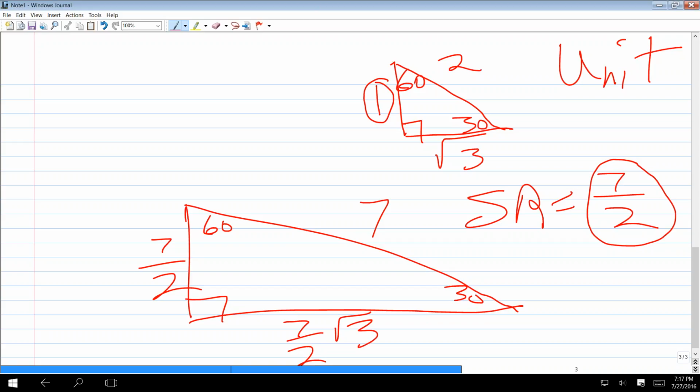That's the answer. So the secret when you're figuring out 30, 60, 90 right triangles is to figure out what the similarity ratio is and then multiply it by whatever the dimensions are on my unit triangle.